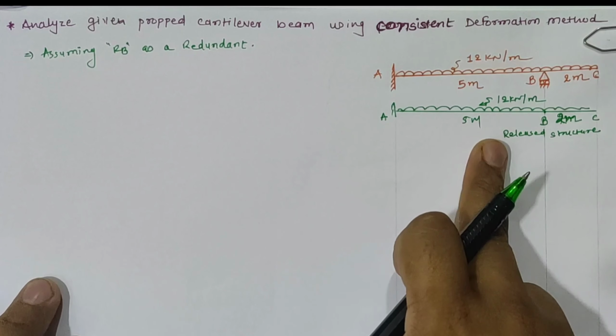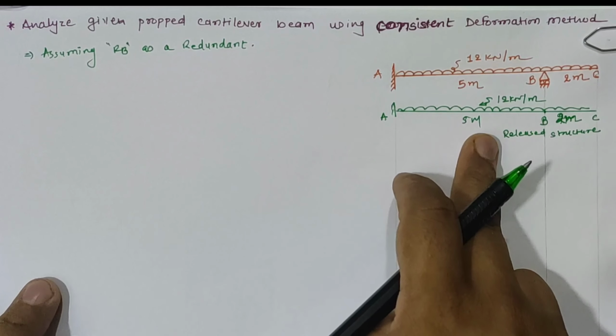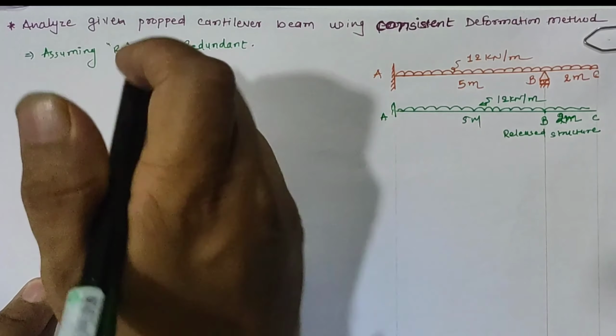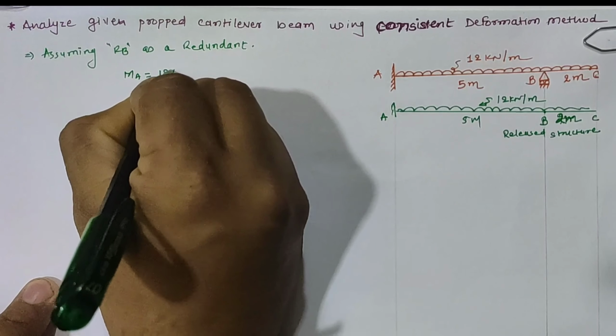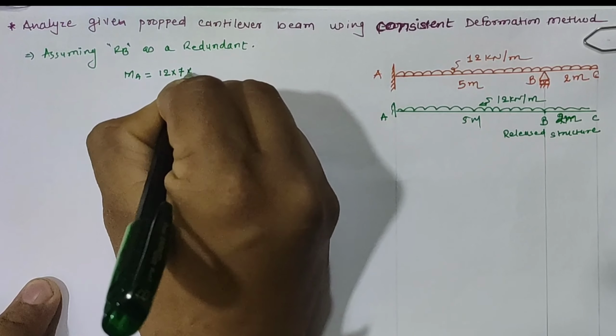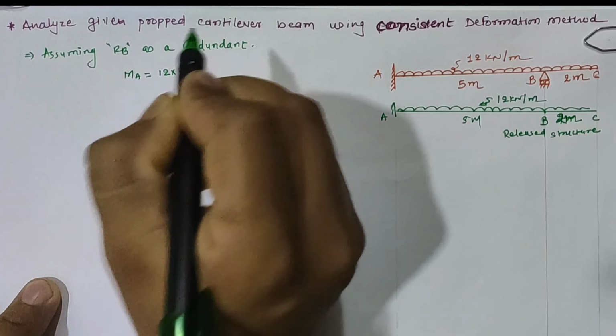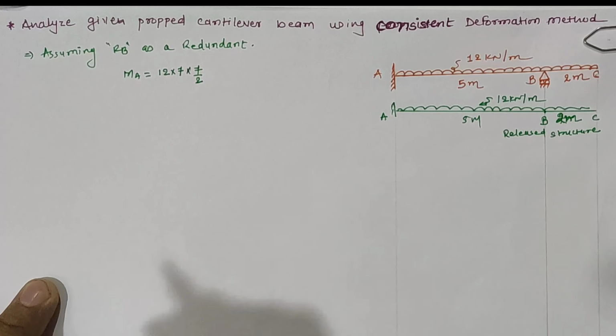If we draw a bending moment diagram for this released structure, then at location A our moment is equal to UDL into the total distance of 7, and half of the total distance as the CG distance. Hence our value for this moment at A is 294 in terms of kilonewton meter.